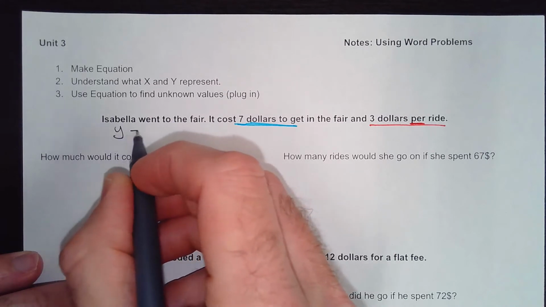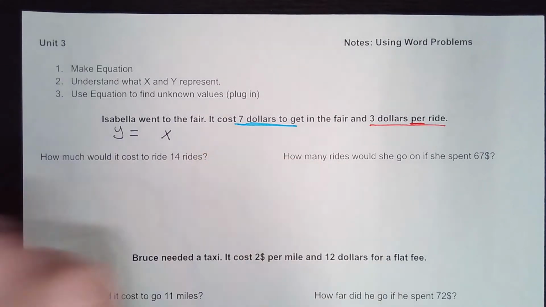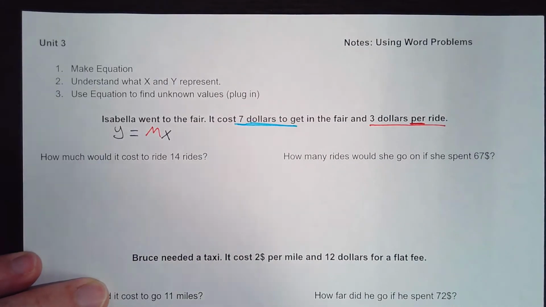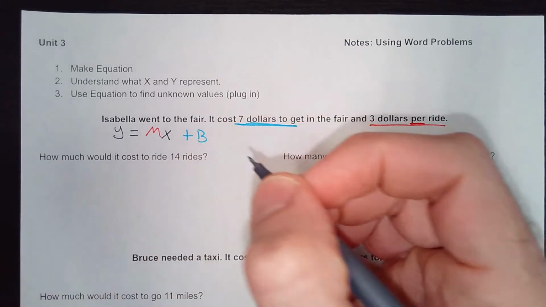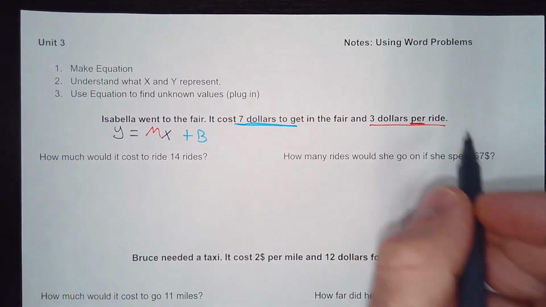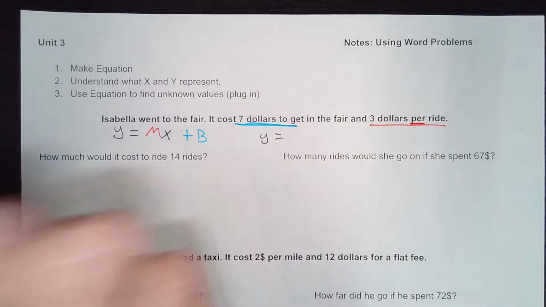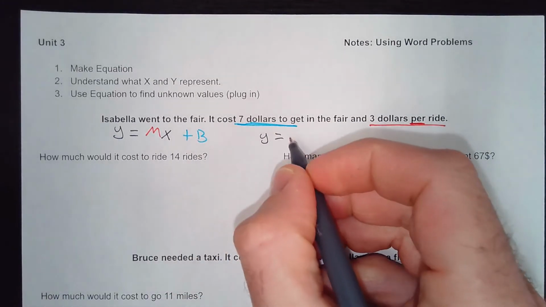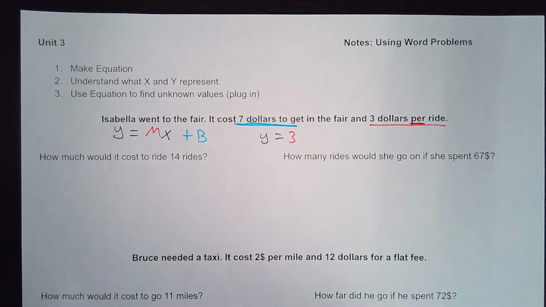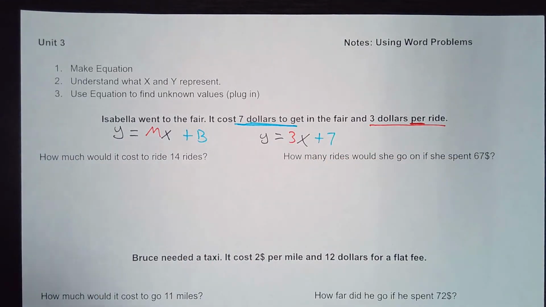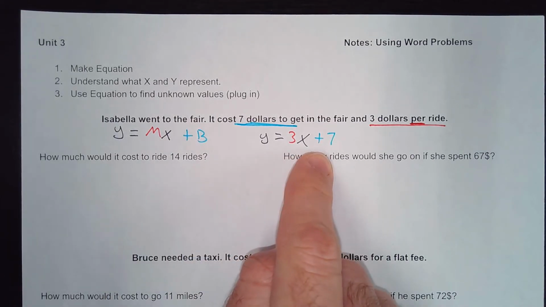So our equation is y equals mx plus b. So our equation given this situation is y equals 3x plus 7. So now let's answer the questions using this equation.